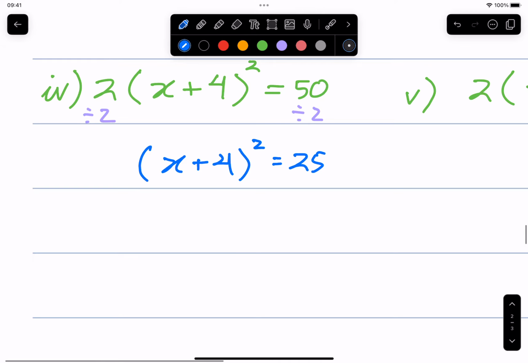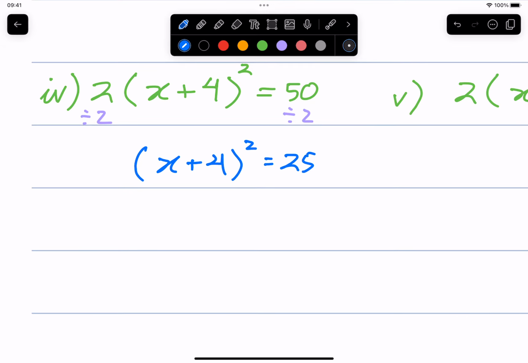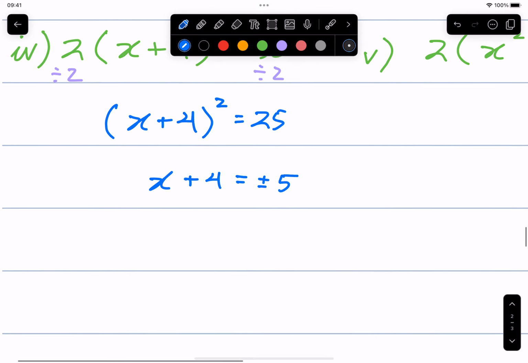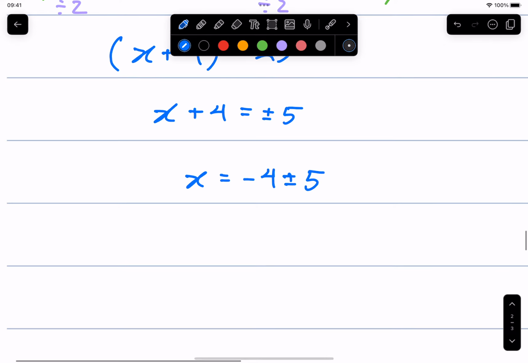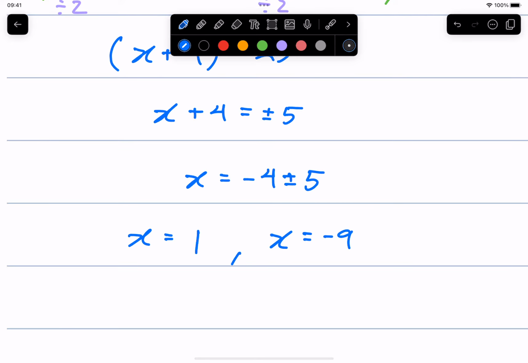And I think after seeing a few more of these, you can understand that when we take the square root, we are left with plus minus 5. Writing it out, x equals negative 4 plus minus 5. x equals 1, and x equals negative 9.